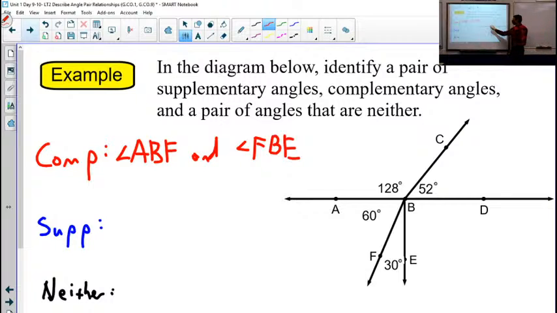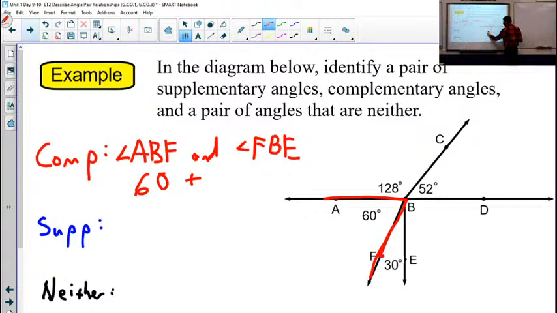So ABF is A into B, out through F. So that's 60 degrees. Then we have angle FBE.